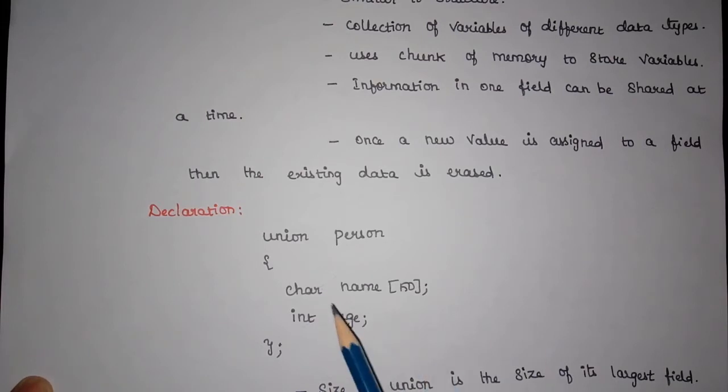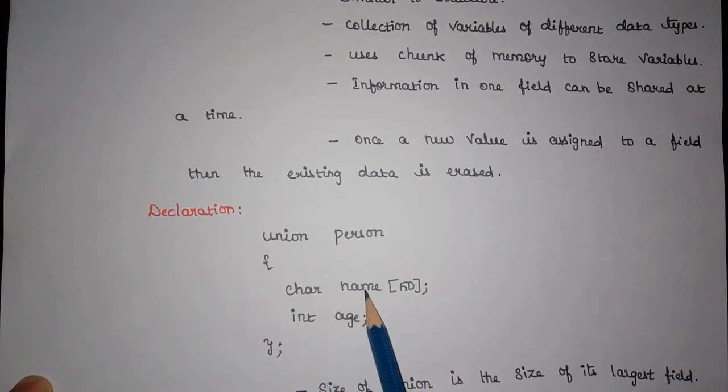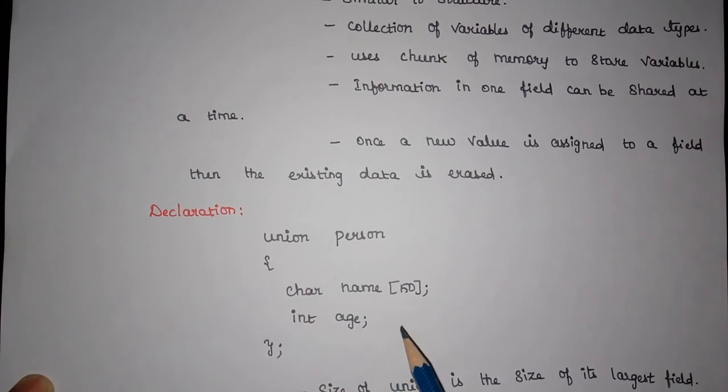If members are there, first it will take the members and check the data type of each member. For this member variable the data type is character, and for this member variable the data type is integer. Which is the greatest data type, the one having the greater size in bytes?